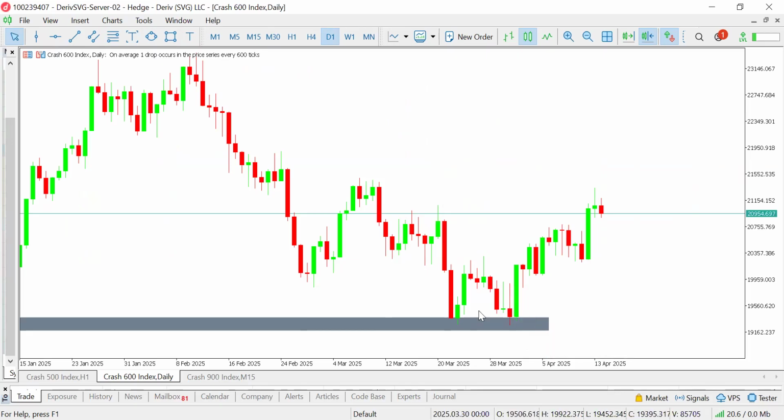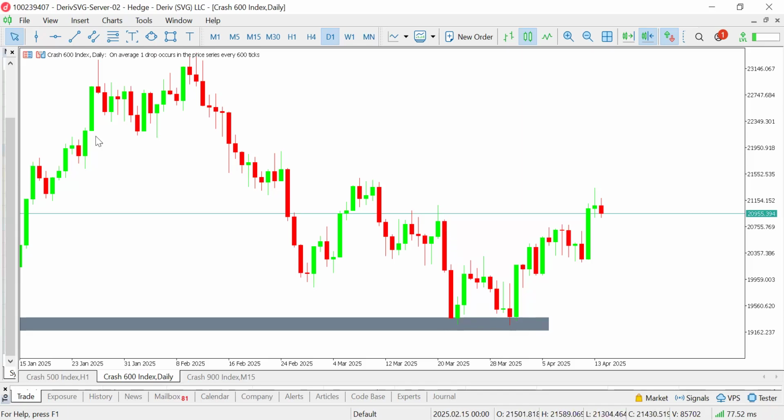Now, a double bottom is usually very, very significant when we're having a reversal in the current downtrend. So double bottom is usually a bullish reversal. It usually signifies that the bulls are coming into the market.